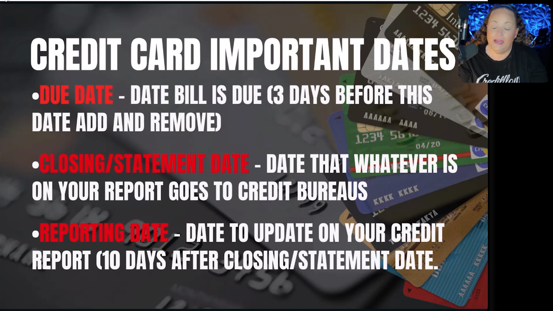So if your statement date is on the 15th, you can expect to see that card report to your credit reports by the 25th, or it might be a few extra days in some cases. But usually cards that report the fastest are like Discover, because they actually report data to the credit bureaus on the statement date.